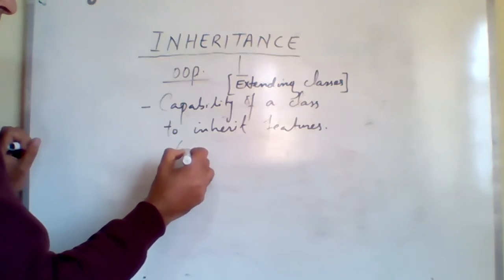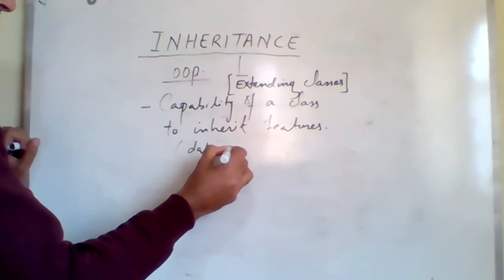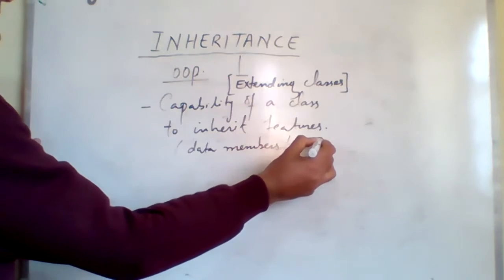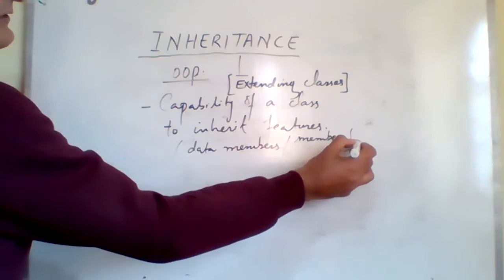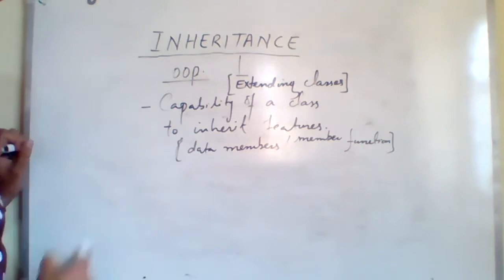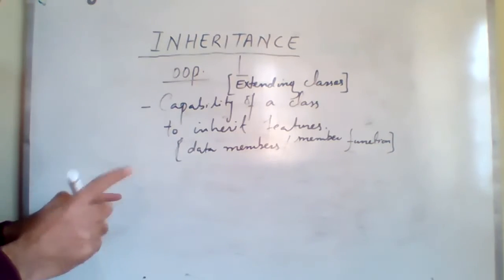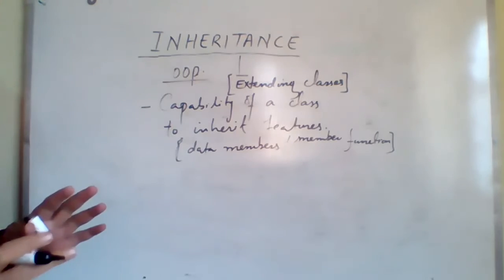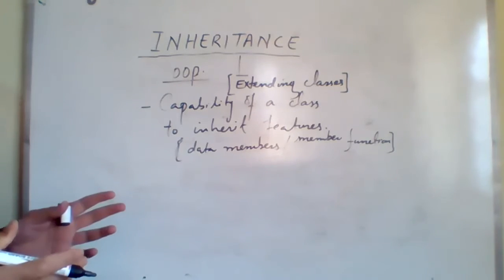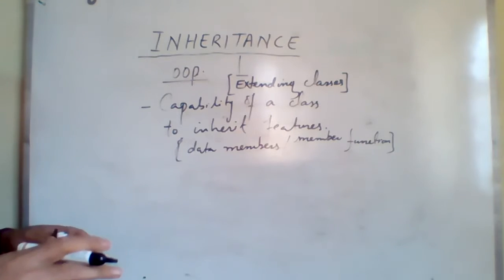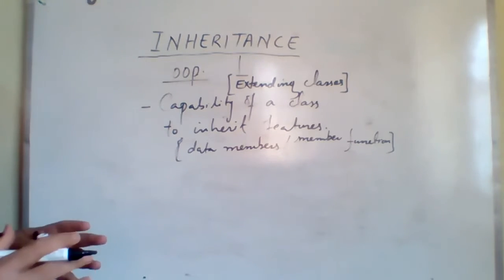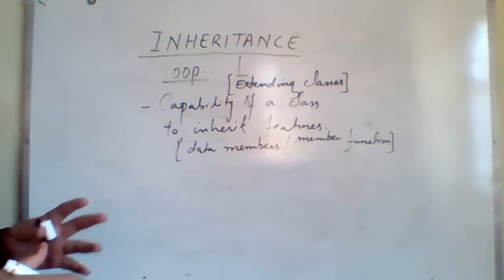They can be data members as well as member functions. That is what a class can have. So if a class is capable of inheriting these data members or member functions of a pre-existing class, we say that the class is inheriting from another class.